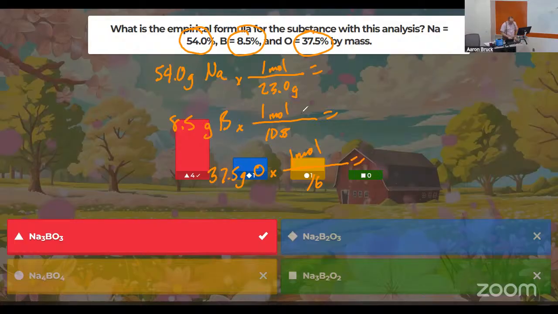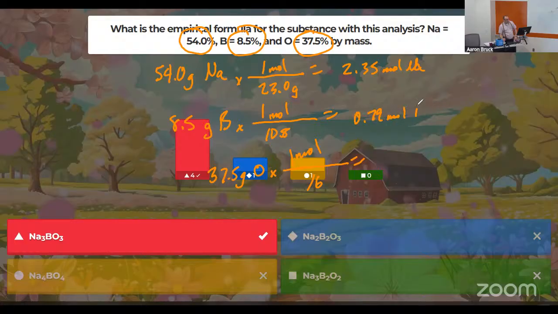And so if I take 54 divided by 23, I get 2.35. And if I take 8.5 divided by 10.8, I get 0.78 or 0.79.